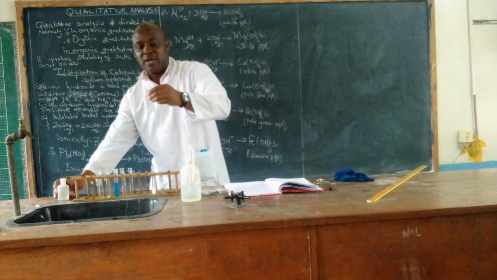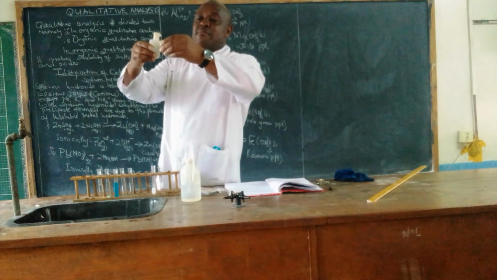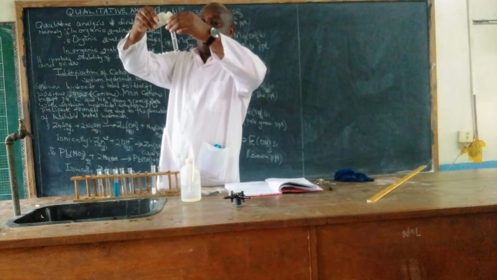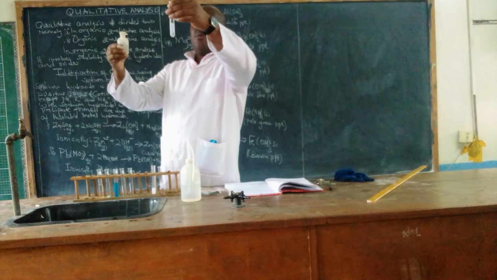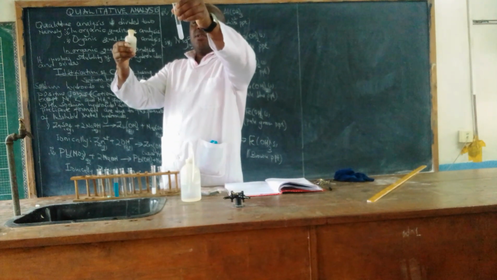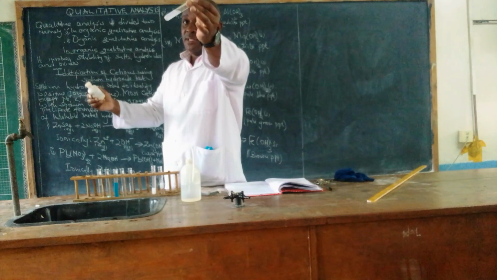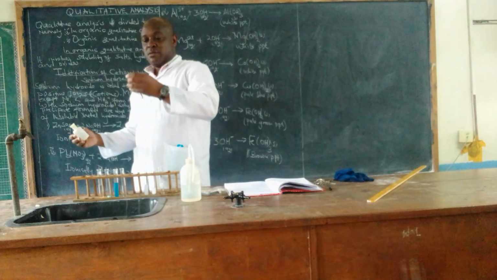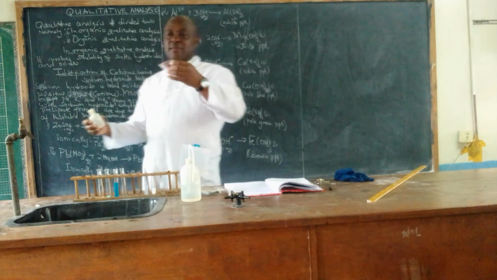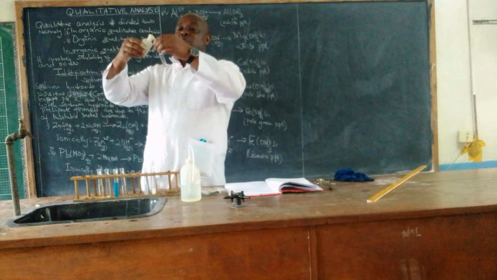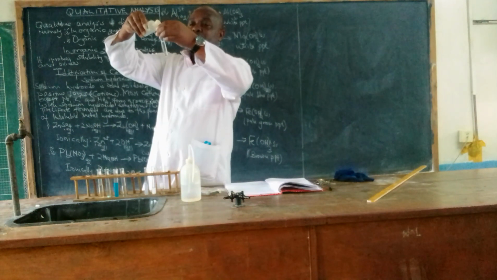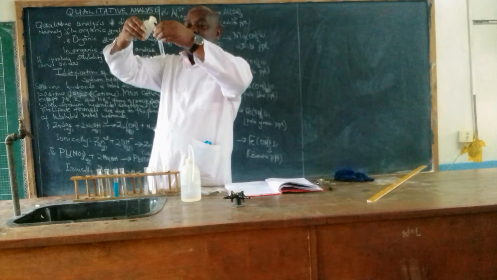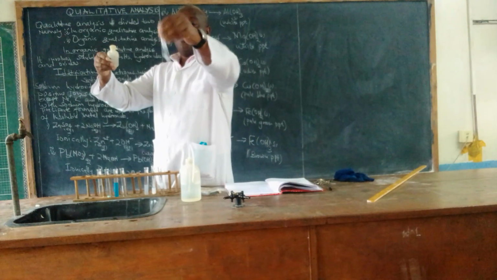Then we go to aluminium. We put a few drops, and then we make observation. You see? Also, a white precipitate is formed. Then we go to magnesium. When we put some drops of sodium hydroxide, also a white precipitate is formed, as you can see.